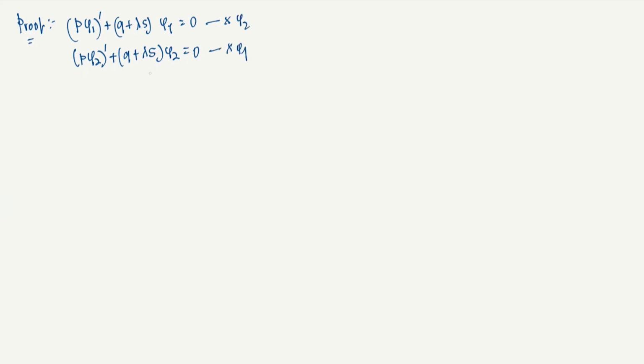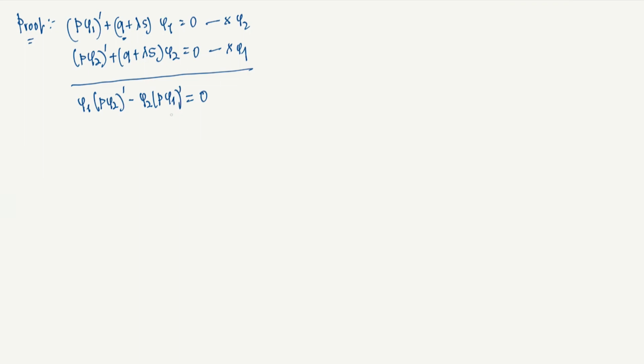Okay, so the first relation I will multiply by phi2, the second relation I will multiply by phi1. If I do that, what I am going to get is phi1 p phi2 prime minus phi2 p phi1 prime. This is going to be 0. See, the q plus lambda s phi1 phi2 term gets cancelled out.